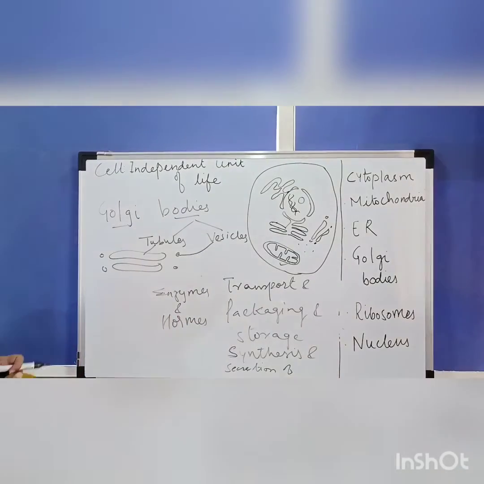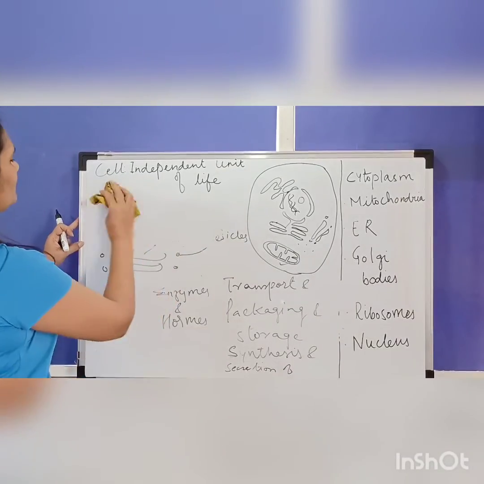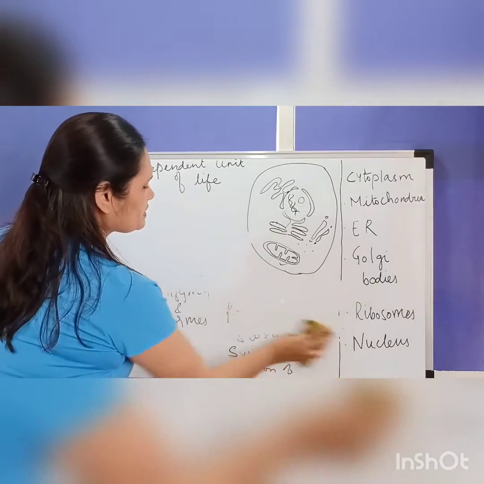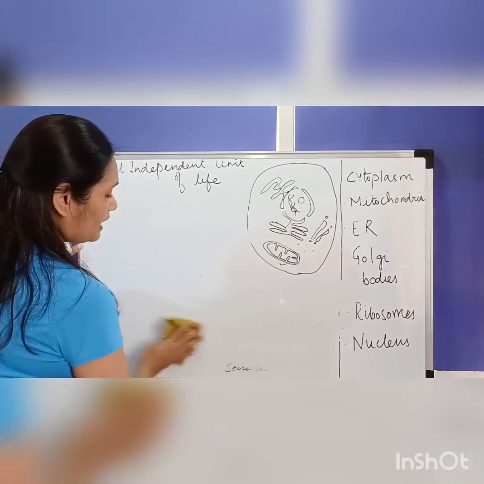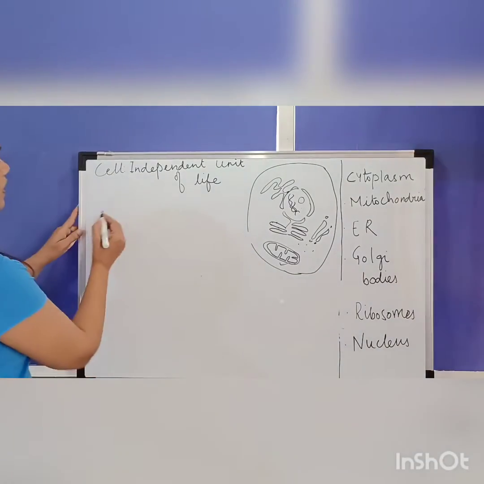Now the next we will talk about ribosomes. Ribosomes are organelles which do not contain a membrane.